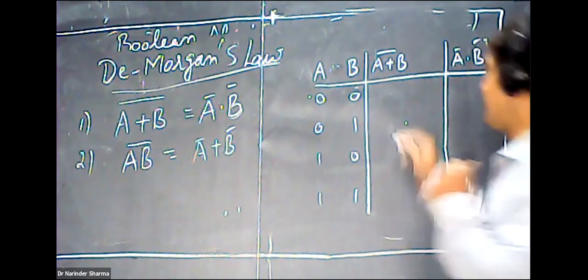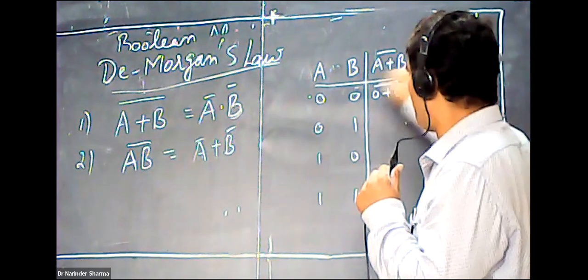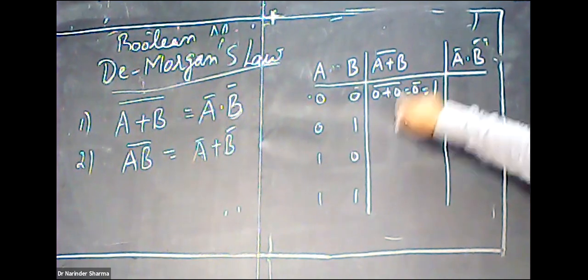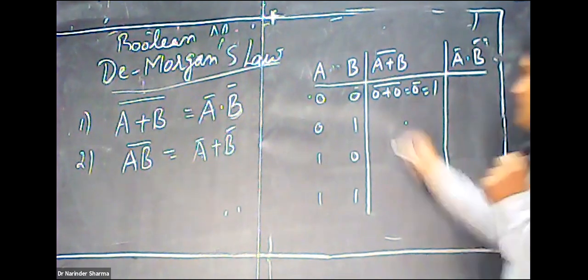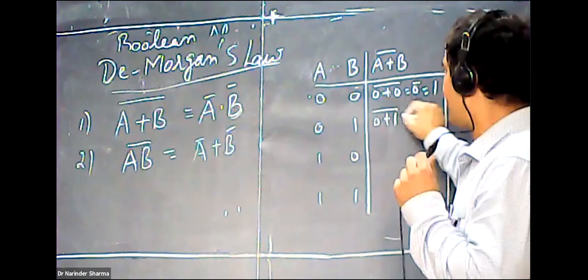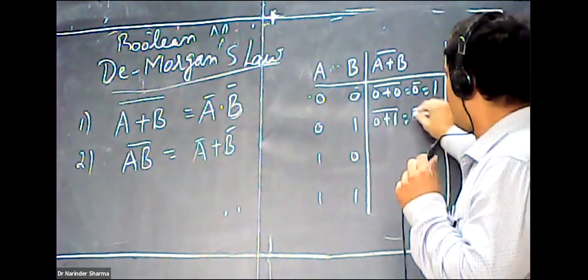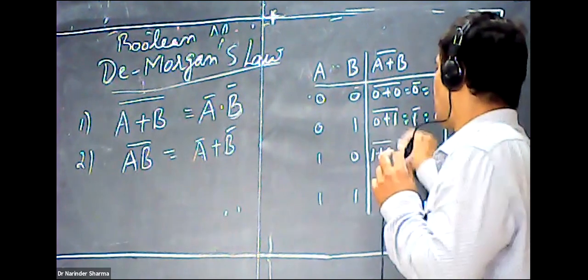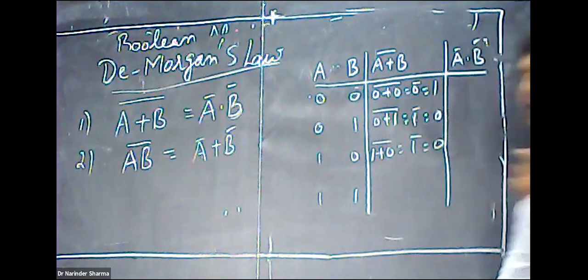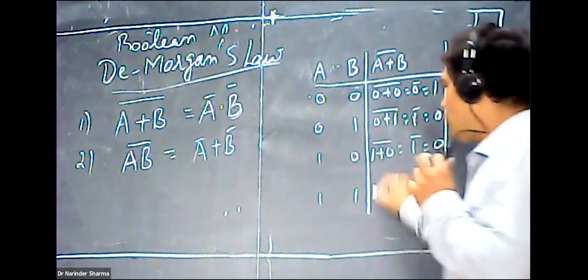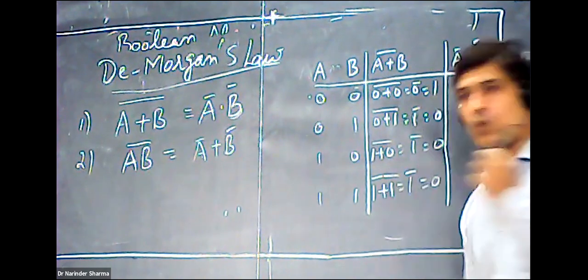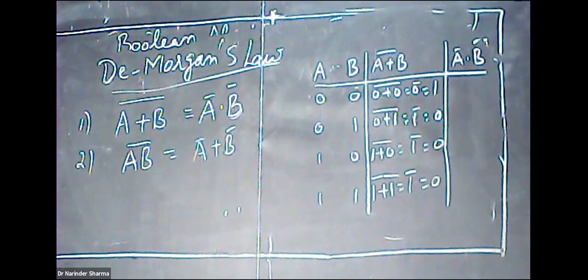Left hand side, A plus B bar: 0 plus 0, 0 bar is equal to 1. Next is 0 plus 1, 1 bar equal to 0. Next, 1 plus 0, again 1 bar equal to 0. Next, 1 and 1, 1 plus 1, 1 bar equals 0.